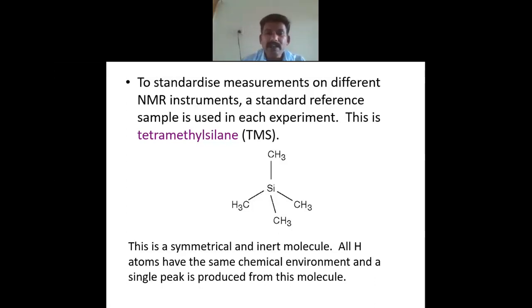So tetramethylsilane is taken as the reference compound for chemical shift in NMR spectra. This is very important for objective-type questions: tetramethylsilane is the reference compound. This is its structure.